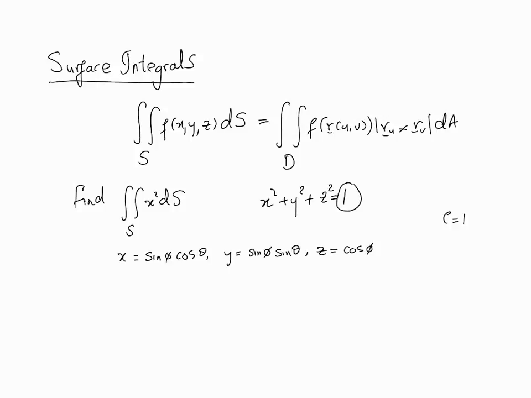So anyway, this is our parameterization, which means our r of phi, theta is as you see it here: sine phi cosine theta, sine phi sine theta, and cos phi. So this is our parametrization.